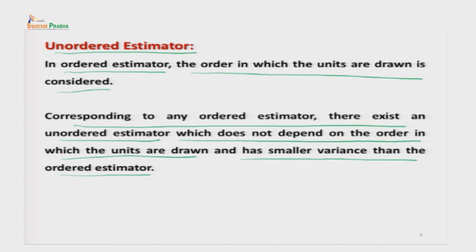You faced so many issues with the ordered estimator, but still you conquered all of them. Now you are being told that using any ordered estimator, you can also construct an estimator which has an even smaller variance than the estimator based on the ordered sample. Yes, that's the reason we are in this lecture today. That is what we are going to discuss.